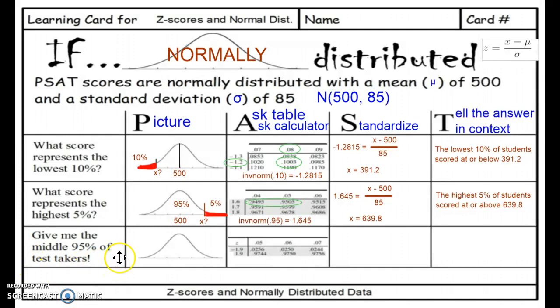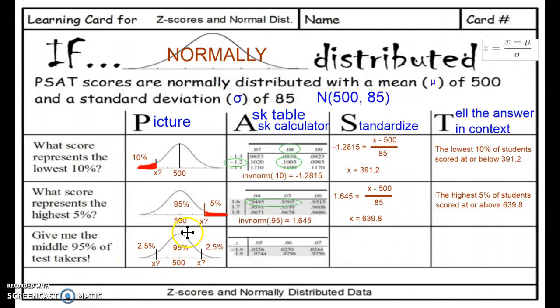Let's take a look and see what that would look like in picture form. When it says, give me the middle 95% of test takers, that means we're going to cut out the middle 95%. So I actually need to find two values for x, my lower boundary and my upper boundary. This will cut out the middle 95%.